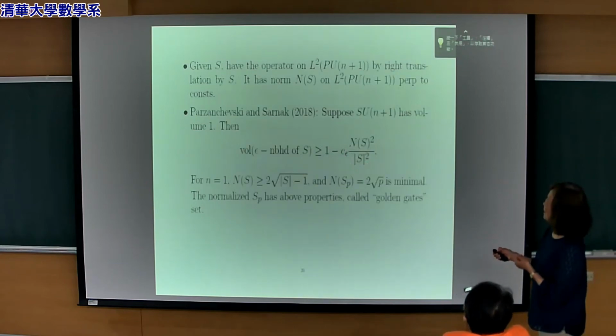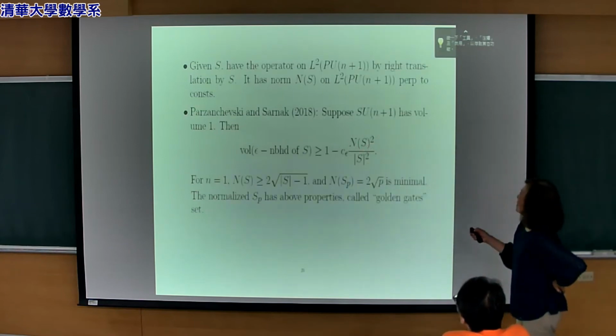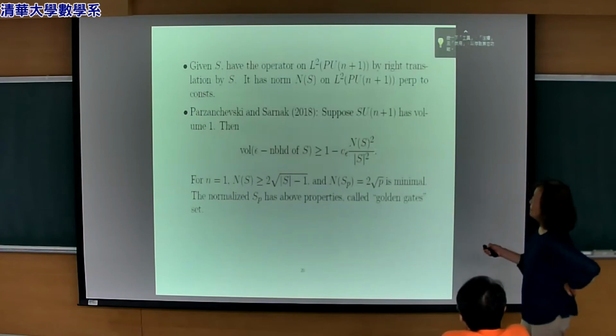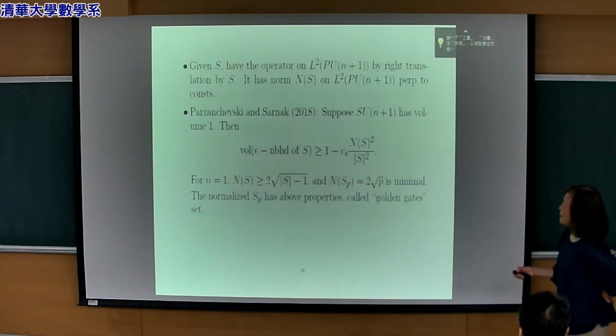So the numerator here is the operator norm of S on some L2 space, squared. And Sarnak and Lubotzky–Phillips showed that when n is equal to 1, so the group is SU2, this norm has a lower bound of twice the square root of the size of S minus 1.